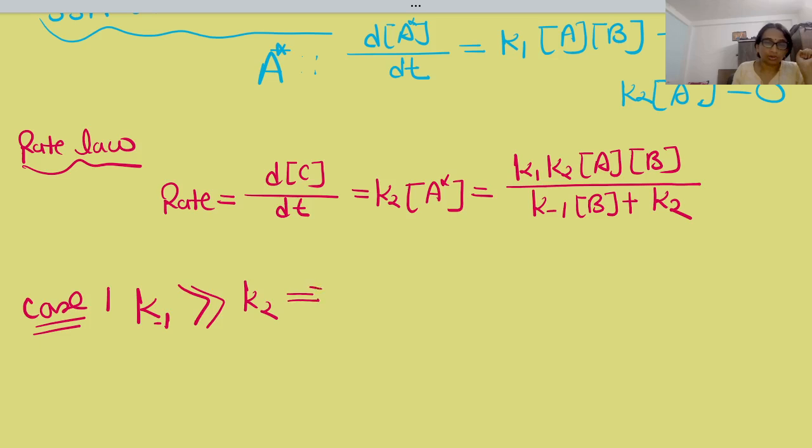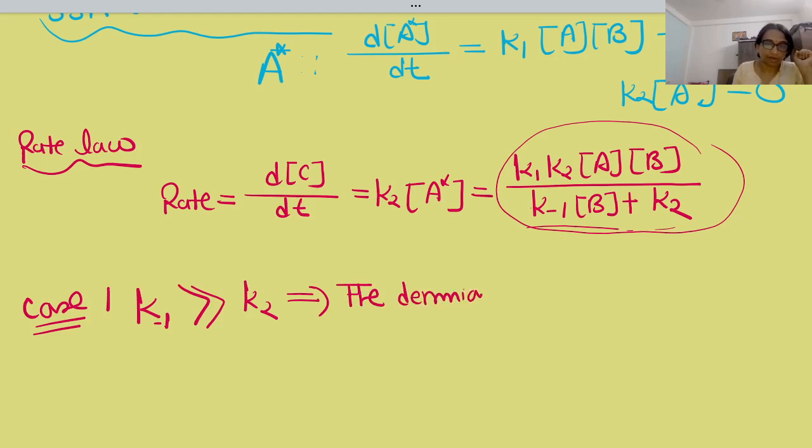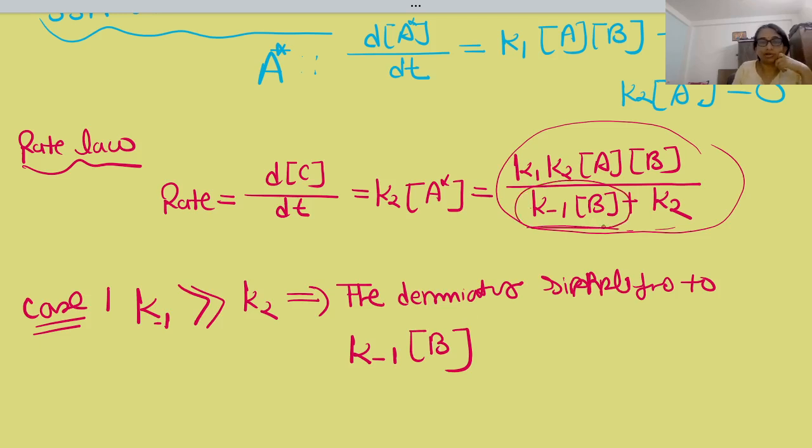Because of this, the denominator in this equation simplifies to K minus 1 [B].